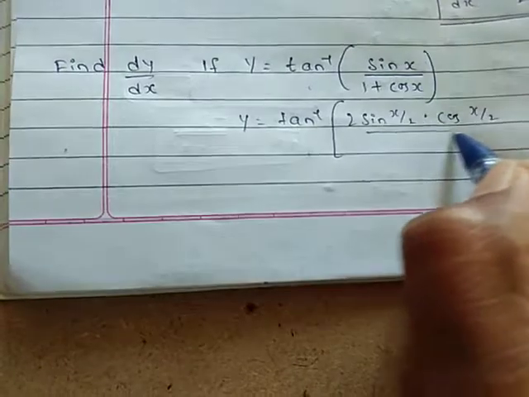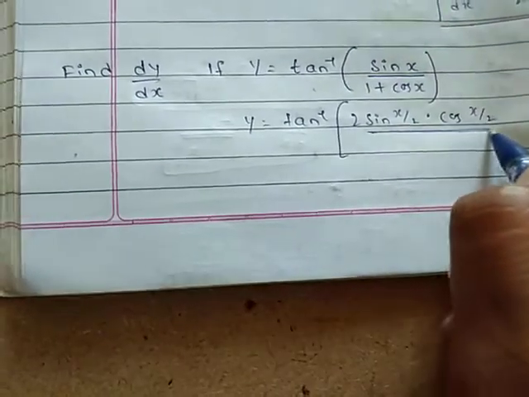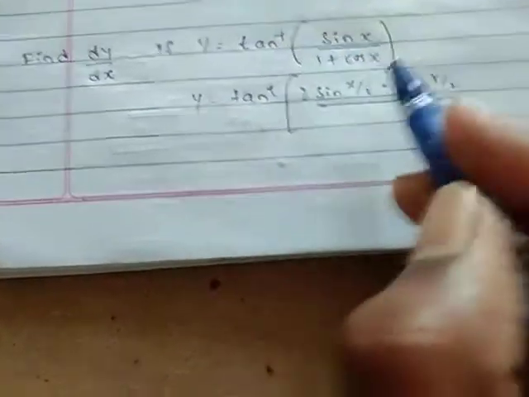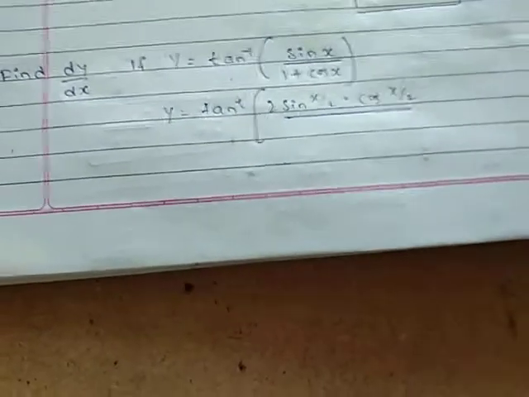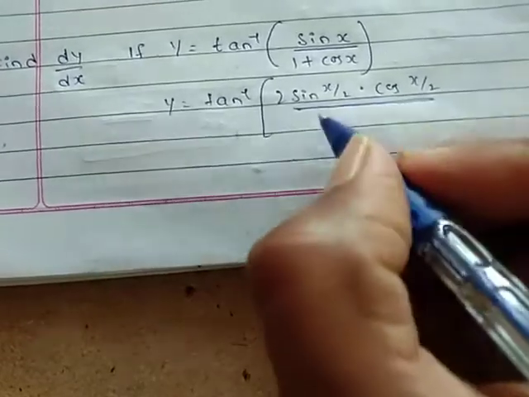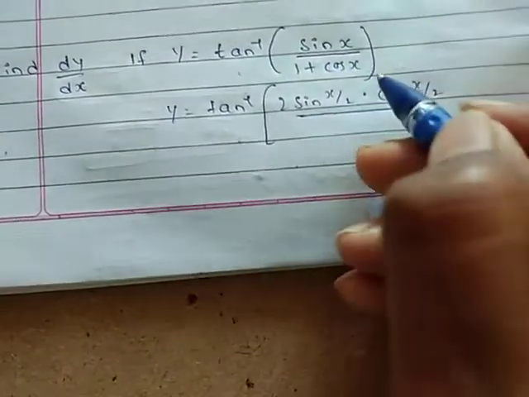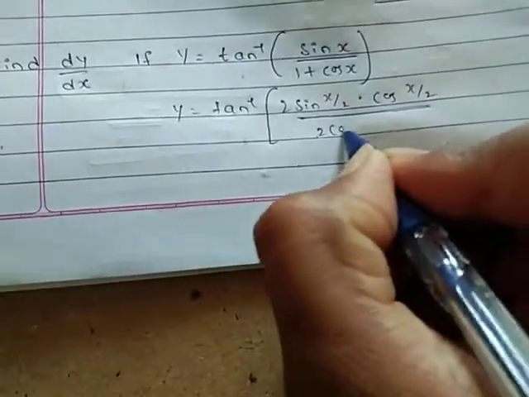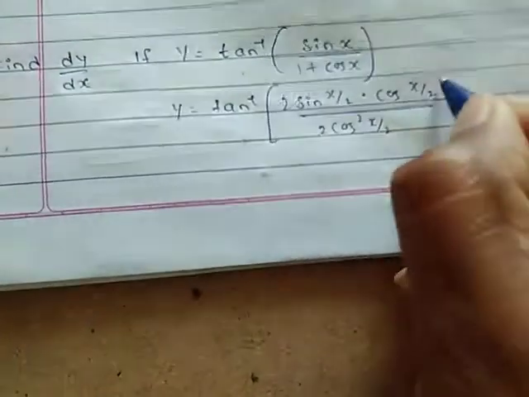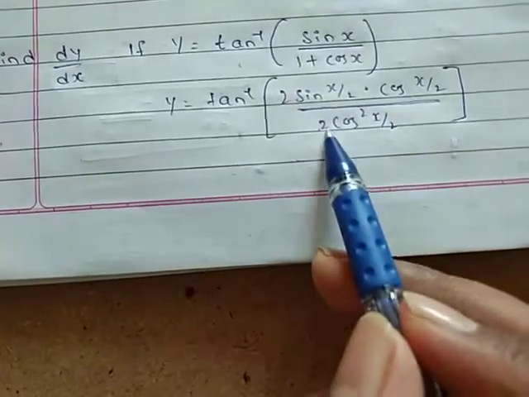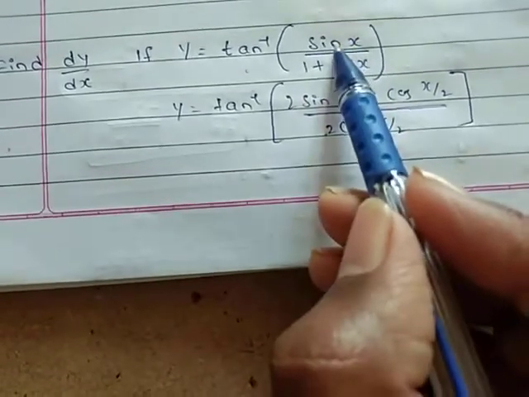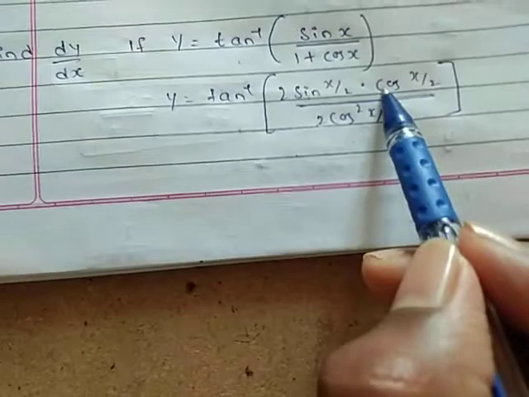Already we know the identities. In class 11 we have discussed these things. Sin x divided by 1 plus cos x can be reduced into a tan function. Clear? So 1 plus cos x can also be written as 2 cos square x by 2. Are you getting the point? Sin x can be written as 2 sin x by 2 into cos x by 2.